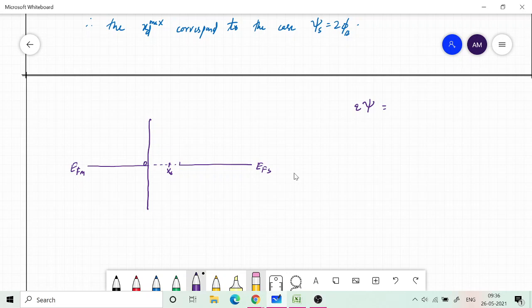So you need to multiply by minus 1.6 times 10 to the minus 19. Therefore an increase in potential will be reflected as a decrease in energy, so it will be something like this. And then it will try to increase, but it will not increase till the initial level. It will only increase up to this.